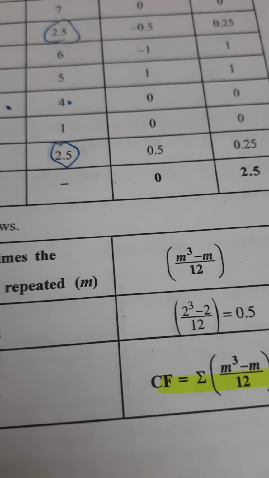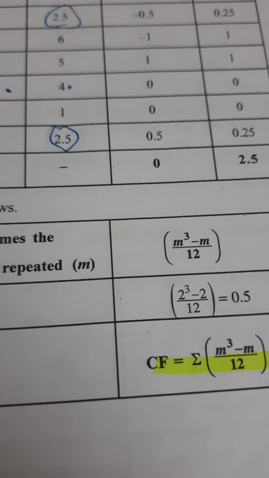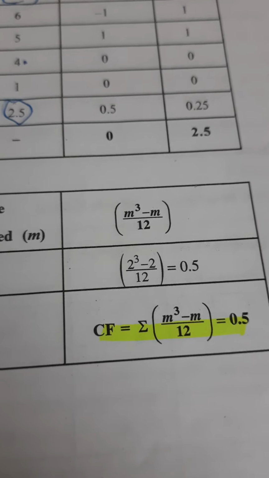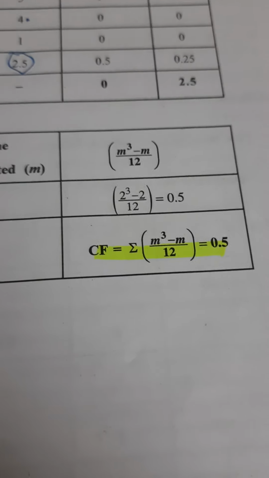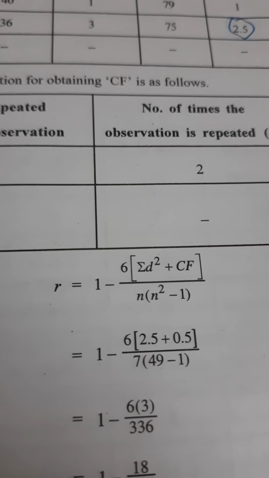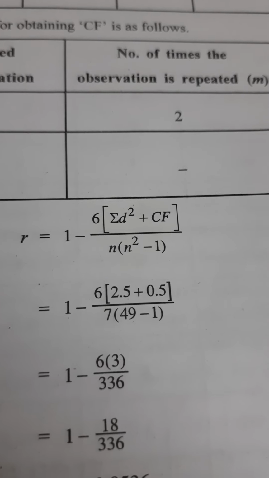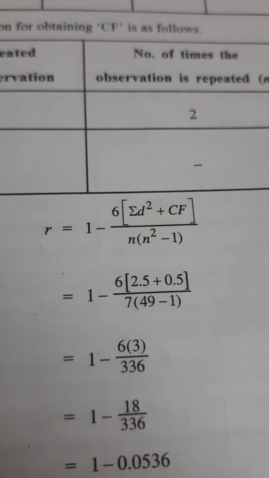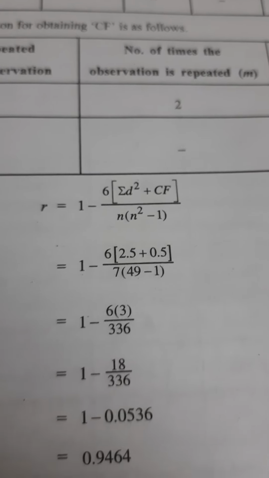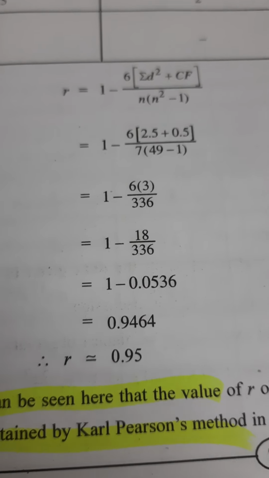So m cube is 2 cube minus m, that is 2, divided by 12, which is equal to 0.5, and Cf is equal to 0.5. That Cf will be applied in the equation. So we have 1 minus 6 into 2.5 plus 0.5 upon 7 into 49 minus 1, that is n into n squared minus 1. N here is 7, and 7 into 7 is 49 minus 1. So we get the value as 0.95.